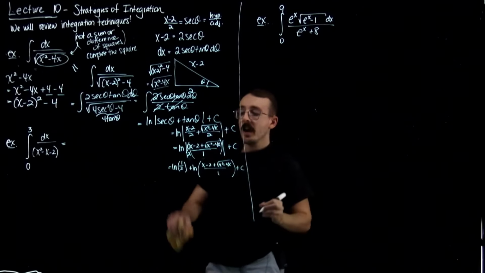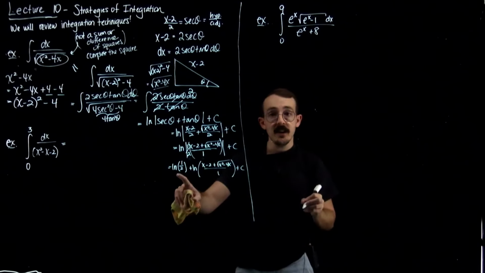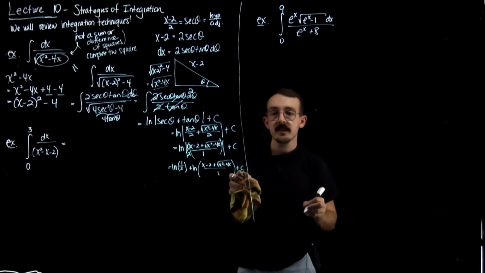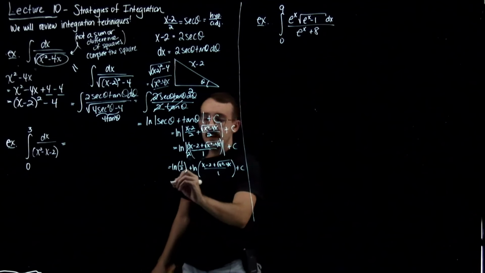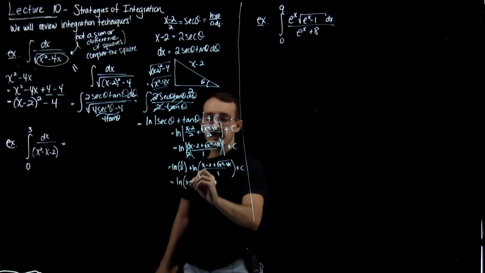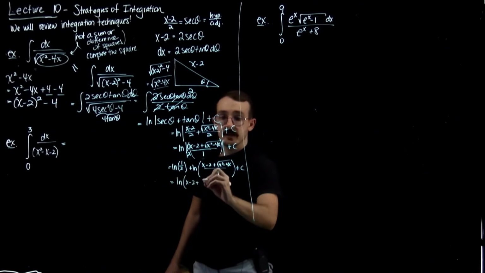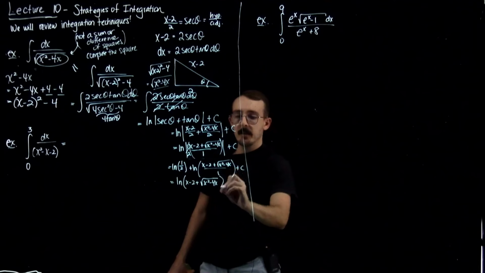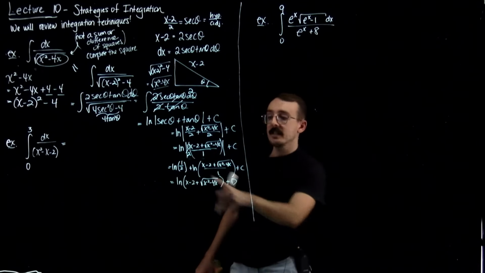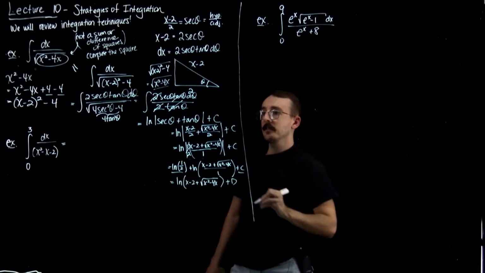plus c. However, log of 1/2 is a constant. So this plus the constant c is another constant. So let's just say this is log of |x minus 2 plus square root of x squared minus 4x|, and then plus d, some constant d, where it's these two combined.